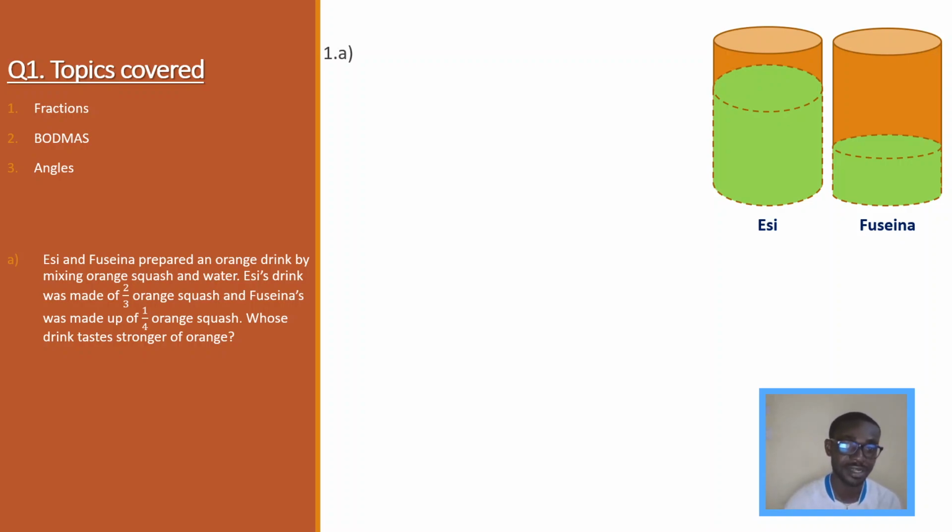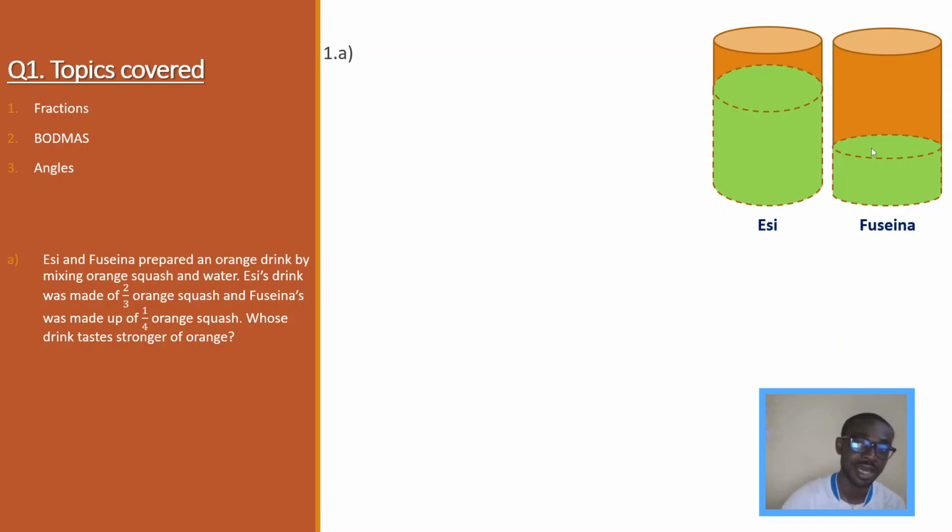So Essie and the sister were trying to prepare some orange drink. That is, they were using squeezed oranges and then they will mix it with water to prepare the orange drink. So let's assume that this was Essie's cylinder or can that she was using to prepare the orange drink, and this was Fusena's can.